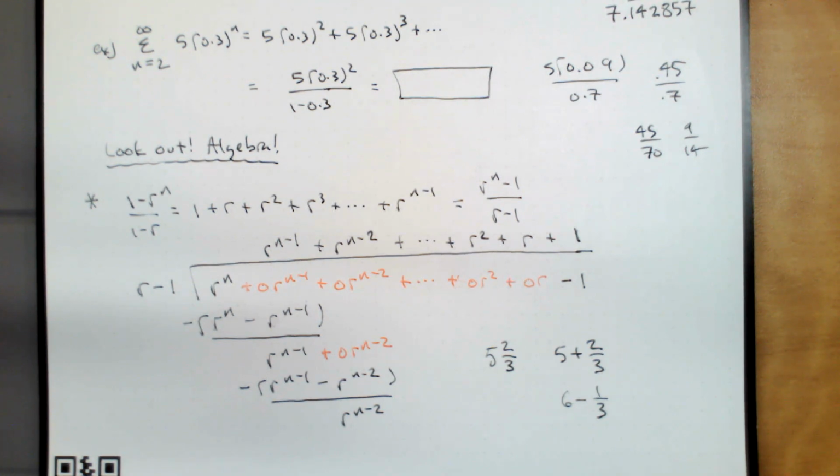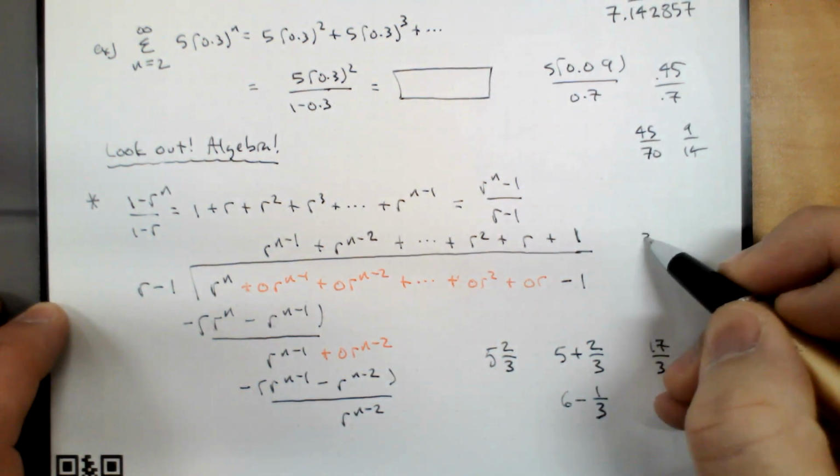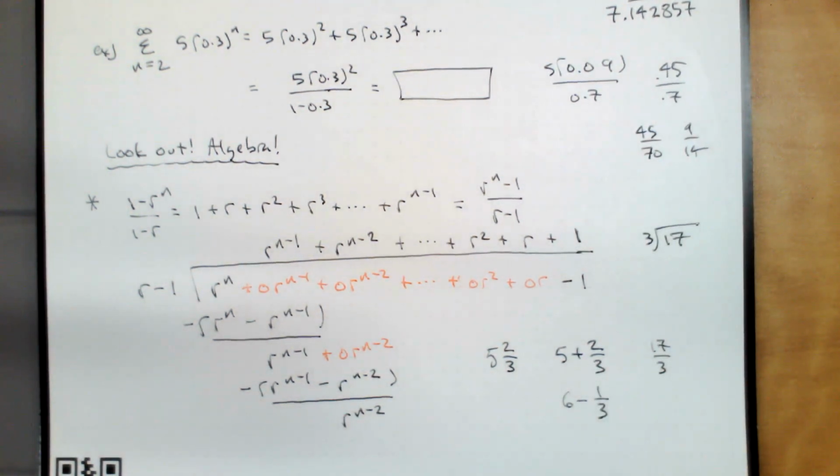As a mixed number, 5 and 2/3 is 17/3. If we do the division 3 into 17, the reason we put 5 on top is because the algorithm says, how many times can you subtract 3 from 17 without going negative? And we're just doing this in pieces. As long as you understand what's going on, you can't mess it up.